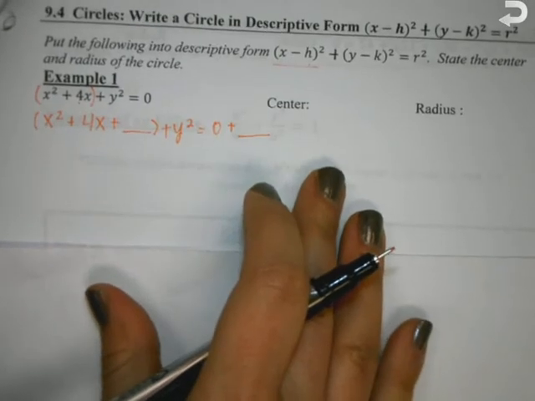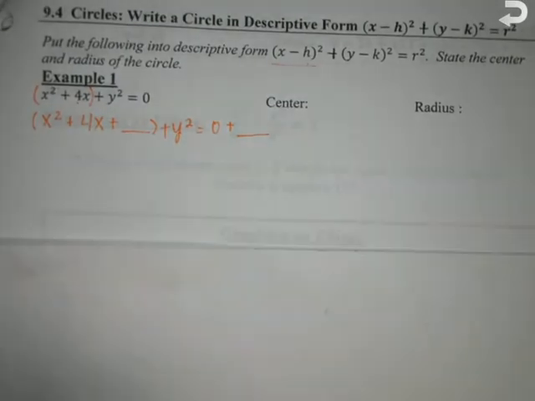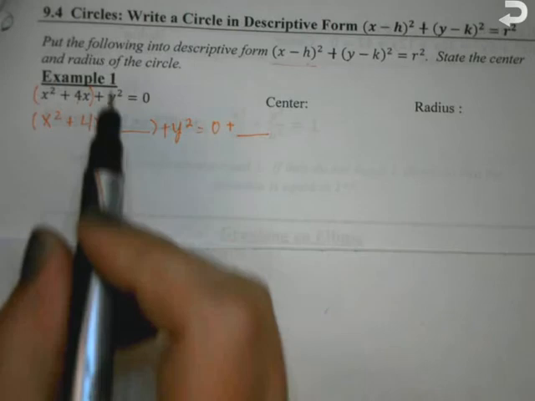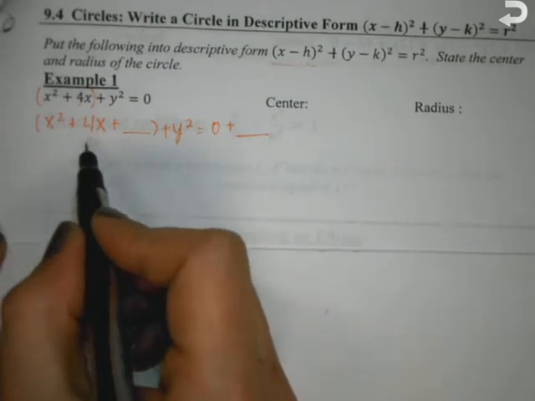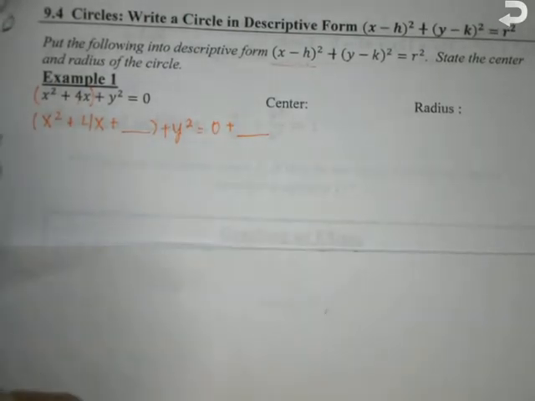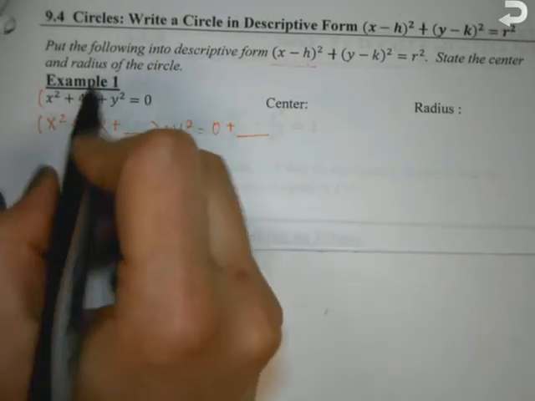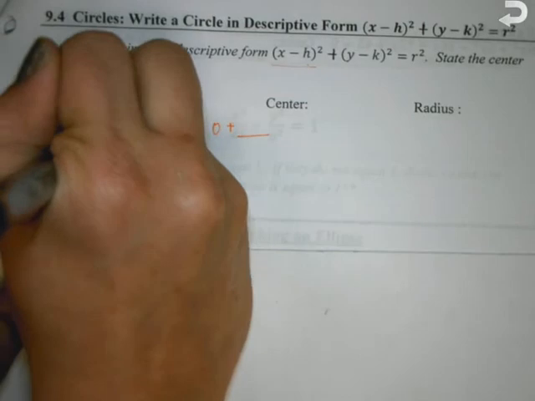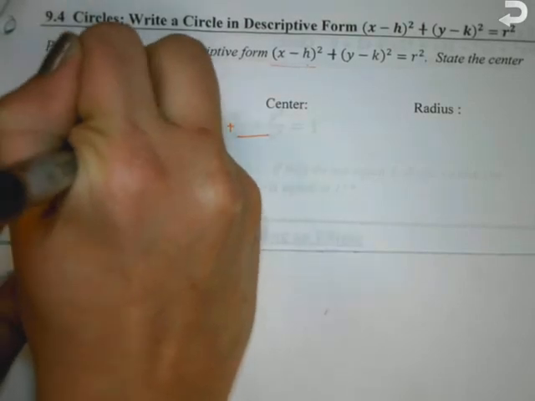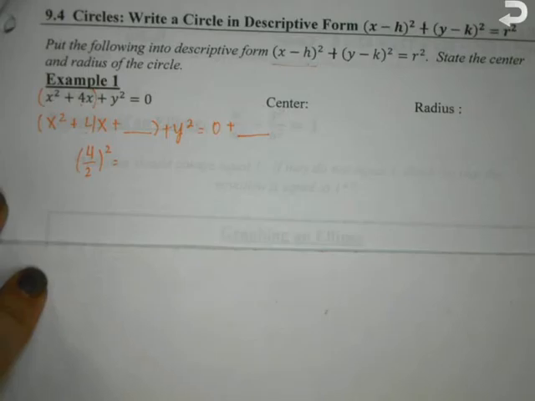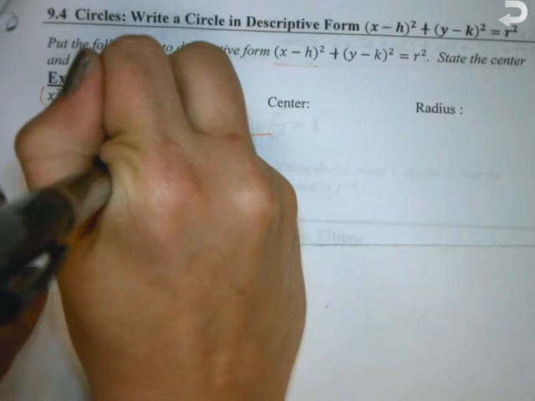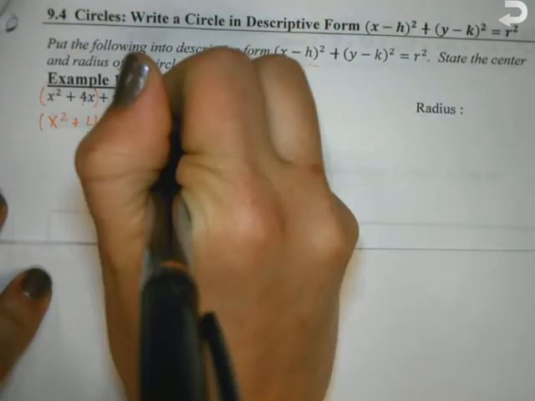Who remembers that? Negative b. No, not negative b over 2a. That's the vertex of a parabola. It's b over 2 squared. So we're going to take that 4 divided by 2 and then square the answer. So 4 divided by 2 gives me 2, and 2 squared is 4. So in the blanks, I'm going to put a 4.